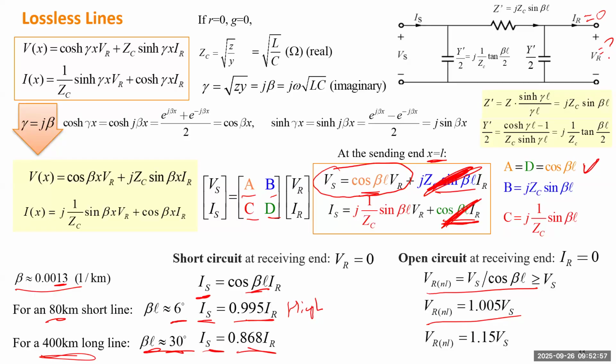For open circuit fault, the voltage will increase to 1.15, which is 15% higher than the nominal voltage. So this one is already much higher than any reliability limit. For the transmission line, usually we want to maintain the voltage within 5%.